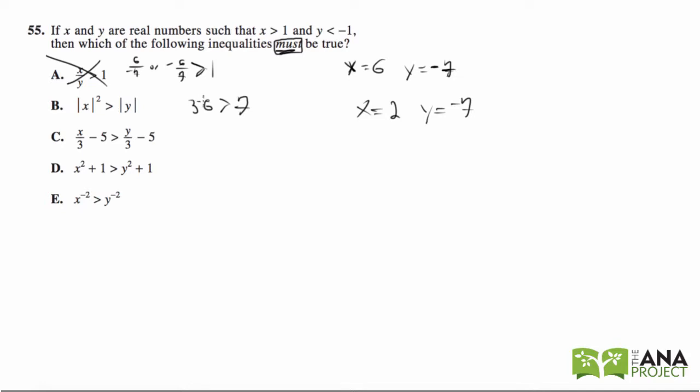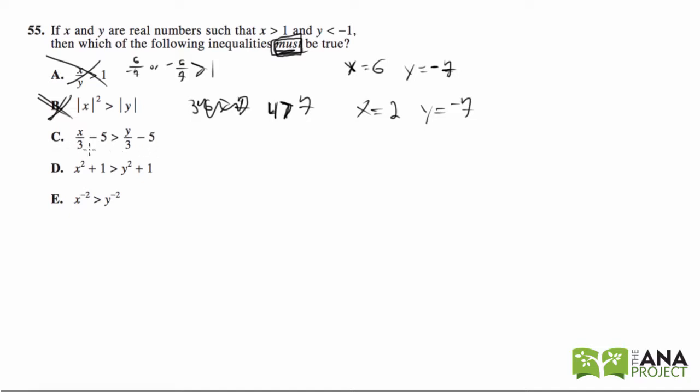That means this would be 4 is greater than 7. This is what I mean by experimenting with different numbers. 4 is not greater than 7, so this is not true. Again, it must be true, so if we switch around some of the numbers, it doesn't work.